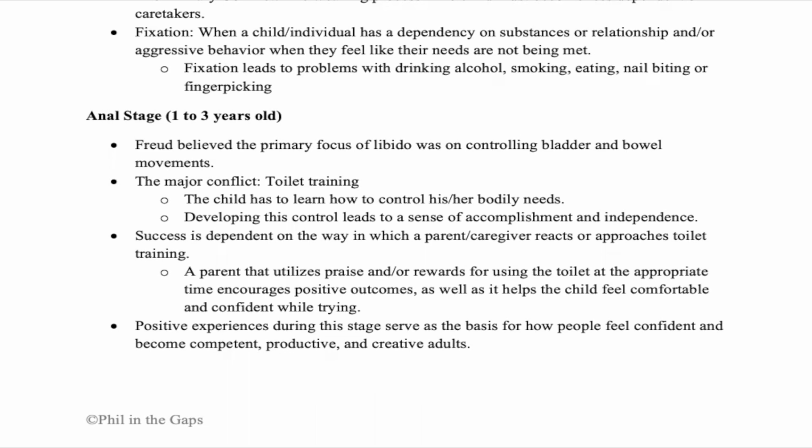However, with anything, there could be success as well as there could be failure. So success within toilet training is dependent on the way in which a parent or caregiver reacts or approaches toilet training.